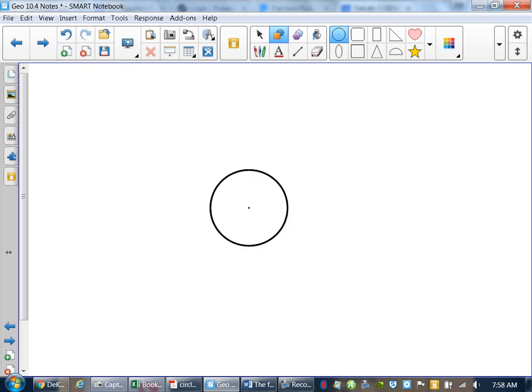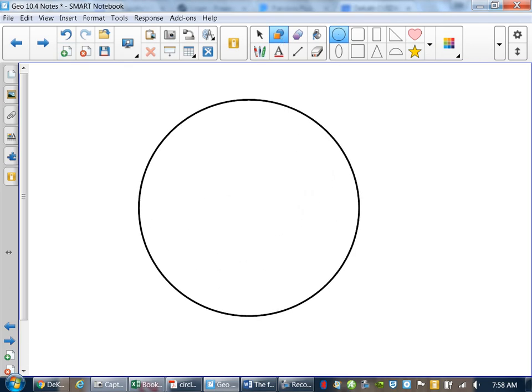What if we did this? If any inscribed angle hits a diameter, what will that angle always measure? 90.